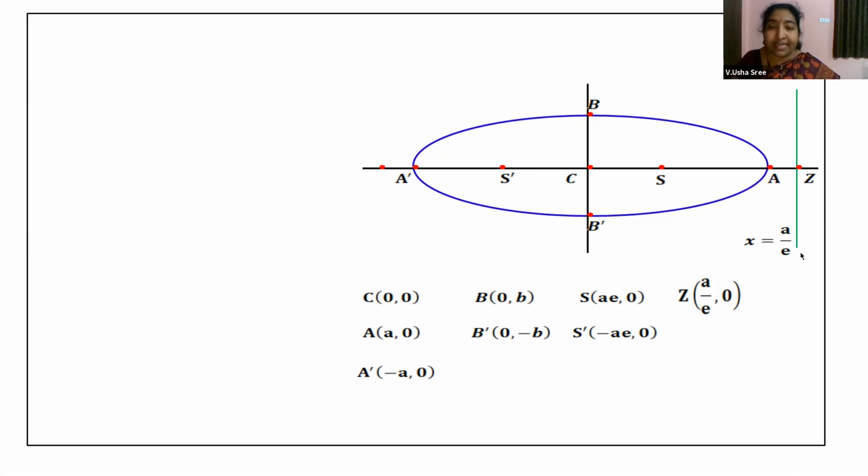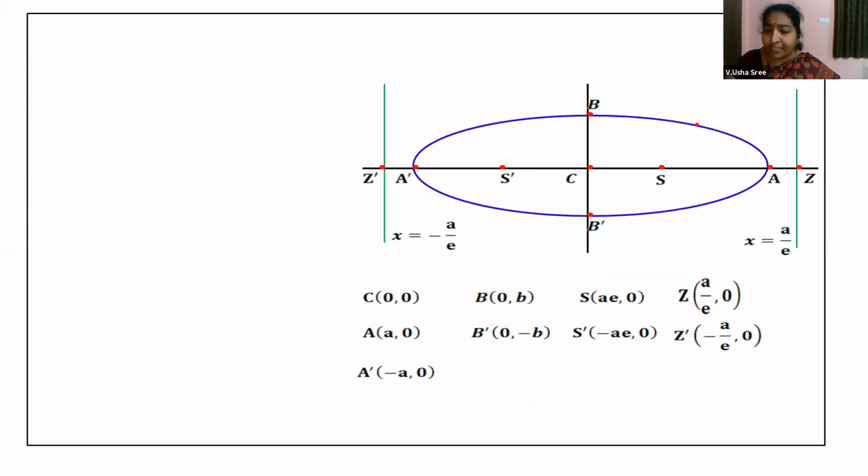Likewise, on the other side, we will take Z dash. When we take Z dash, the coordinates will be (-a/e, 0). And of course, Z dash is again the foot of the directrix on the axis. Then its equation will be x is equal to minus a by e.